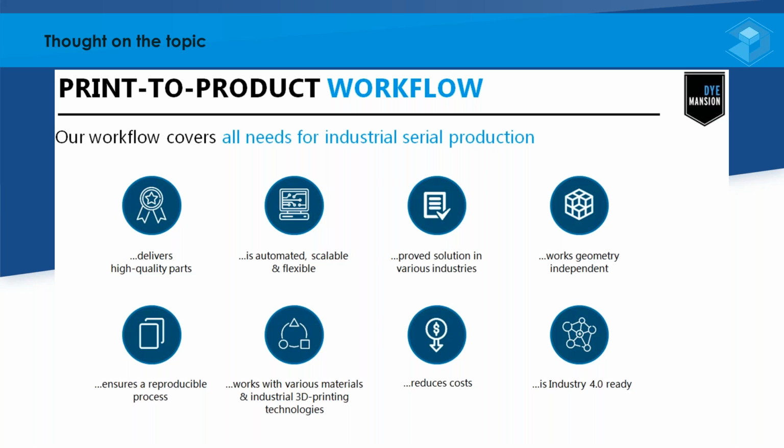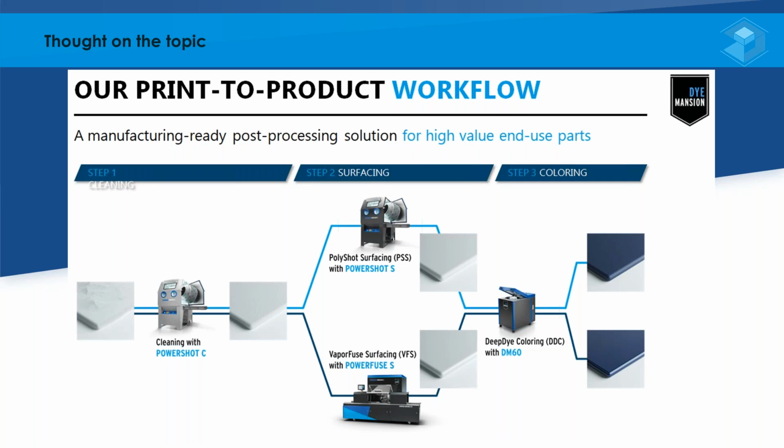Color is part of the product property. With our Dimension solution, we are able to give the raw parts the color and the surface, so the raw parts can turn into final products. We can say we complete the AM value chain.